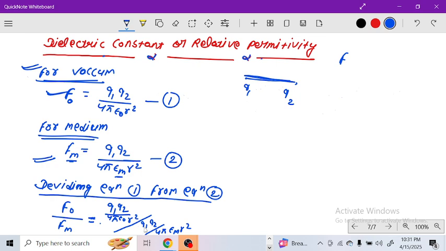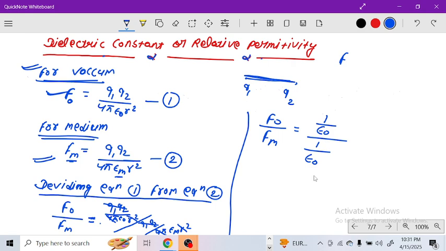The charges cancel out, 4 pi and 4 pi cancel out, and r square cancels out. So F naught by Fm is equal to 1 by epsilon naught divided by 1 by epsilon m.